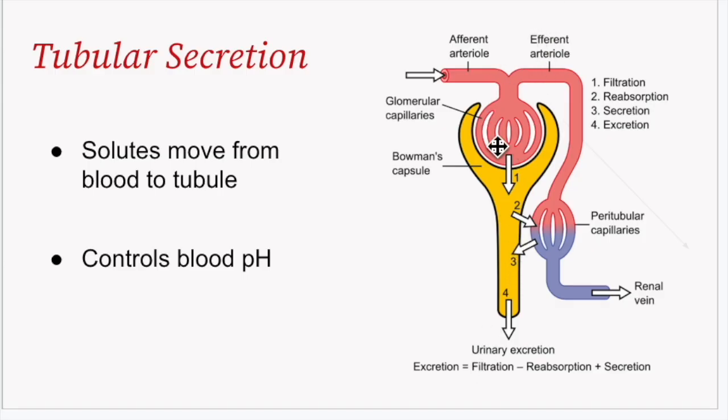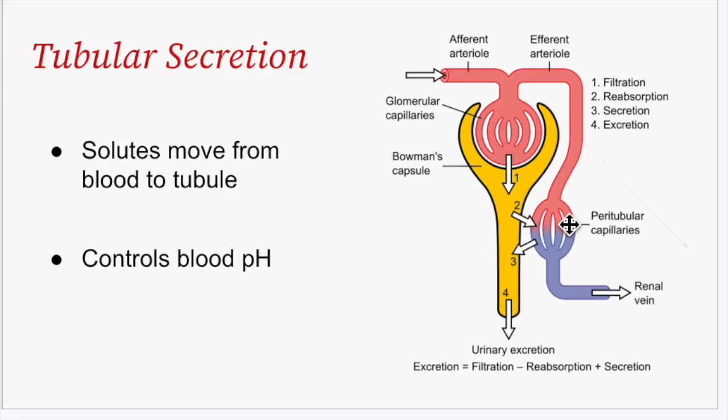Okay, so filtration formation happens, and then reabsorption happens, which is when 99% of what's just been turned into filtrate gets reabsorbed into the capillaries, those peritubular capillaries. And then after reabsorption, there's tubular secretion, where substances that are in the capillaries get sent back to the tubule.